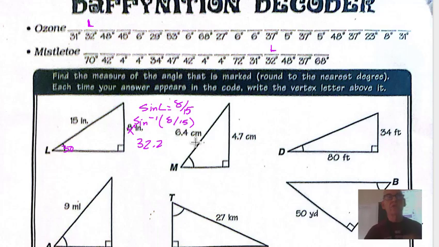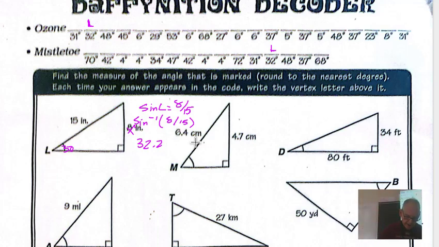So we're solving for the angle that matches whatever 8 divided by 15 is as a decimal, which is 0.5333. So if I had one of my tables from one of the other packets, since we're doing sine, I could go down the sine column in this table, and I'm looking for the closest thing to 0.5333.